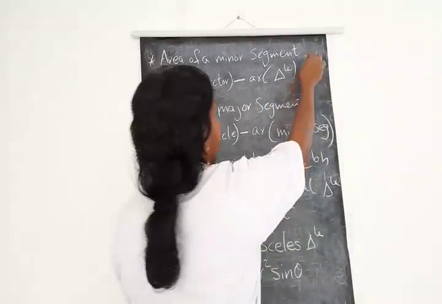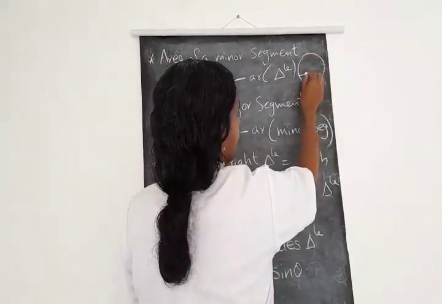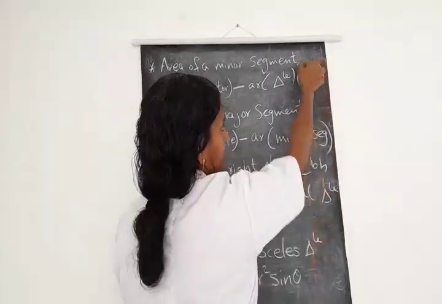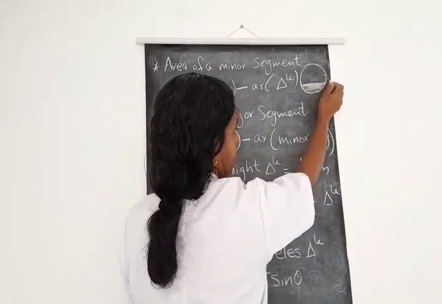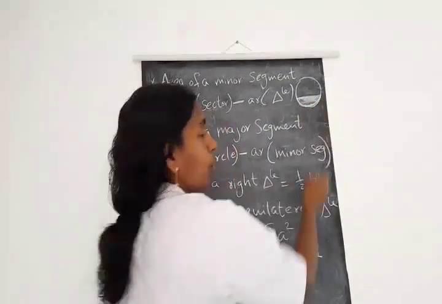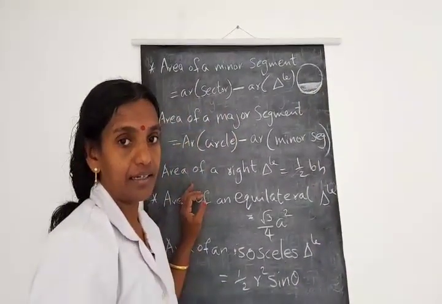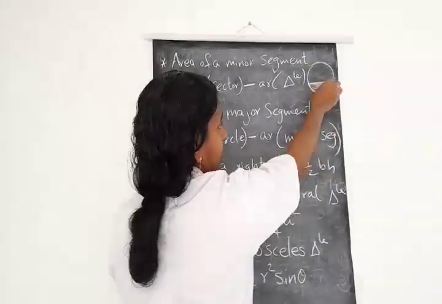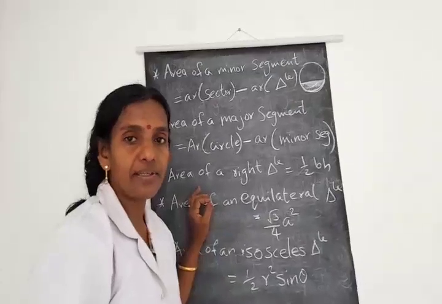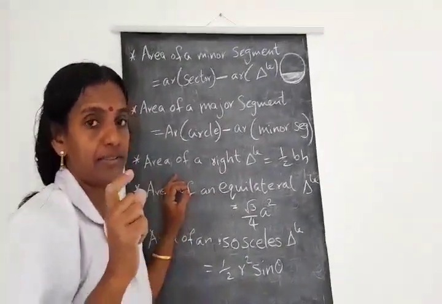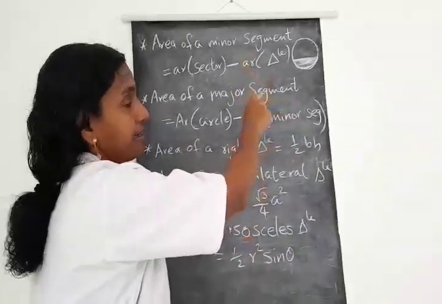It's the region covered by the chord and the arc in a circle. Here this portion is smaller than a semicircular region. That's why it is minor segment.